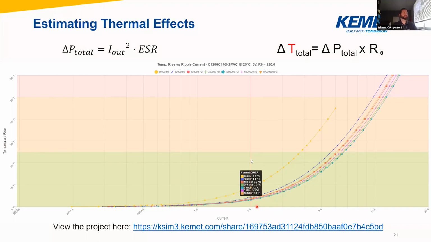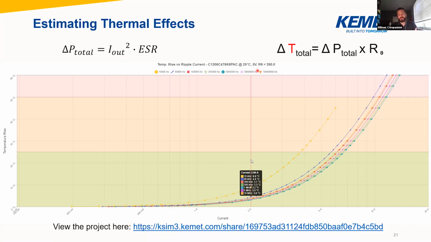It applies that current with the specific ESR at a known frequency, and that estimates the total power dissipation. The tool also knows the coefficient of thermal resistance of the component itself, and from that, you can estimate the total amount of temperature rise.